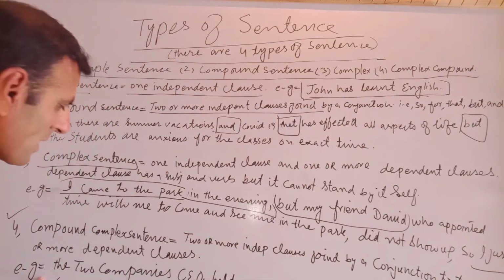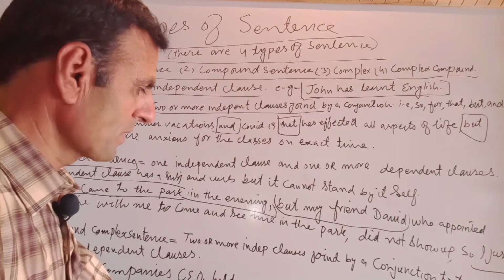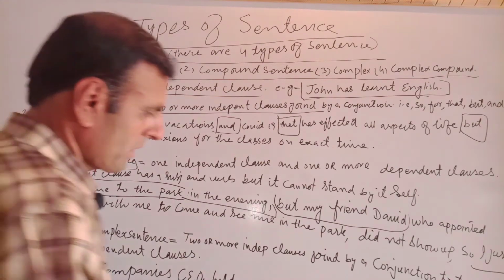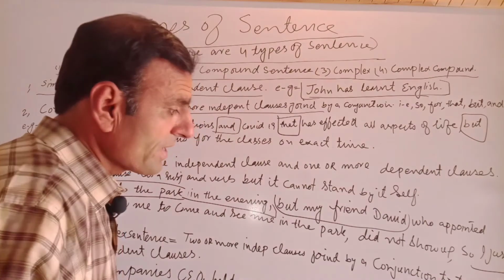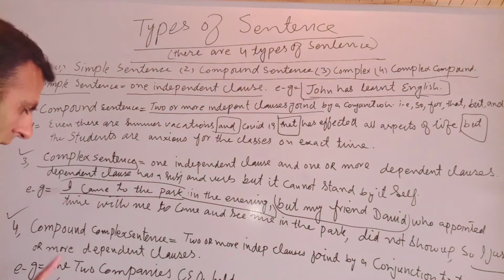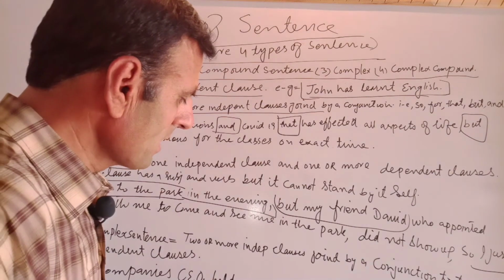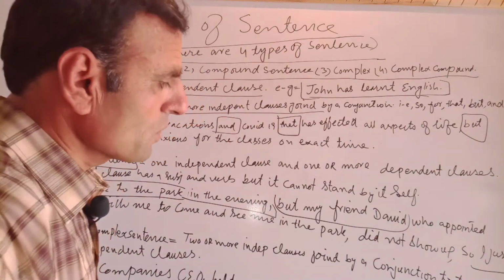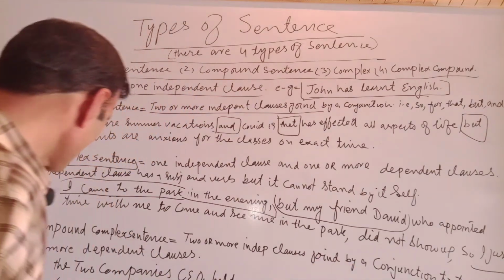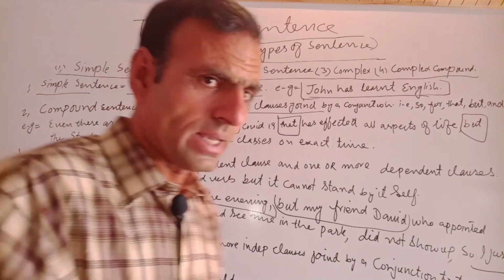For example, the 2 companies' CEOs held a meeting 1 week ago, but they did not conclude the issue at all, and they decided to keep discussing the issue next Monday.